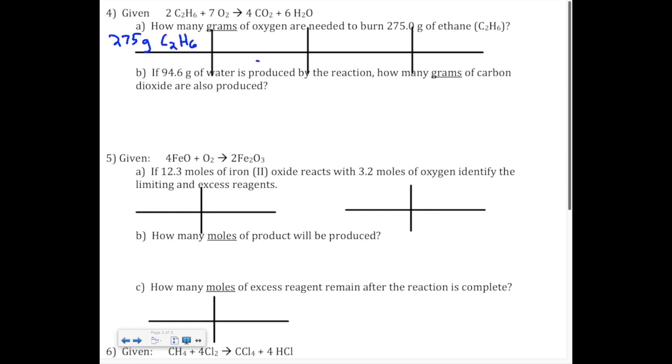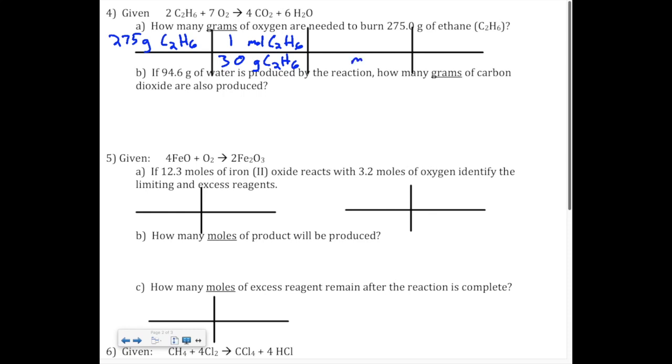I need to convert grams of ethane, C2H6, to moles of ethane, C2H6. Now the molar mass of this is, well, carbon is worth 12 grams per mole, and there's 2 of them, so that's 24 plus 6. 24 plus 6 is 30. So that's 30 grams per 1 mole.